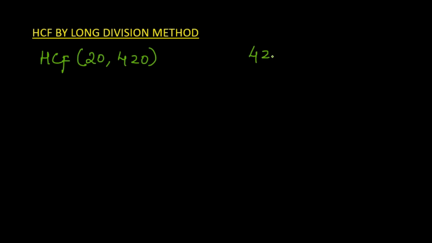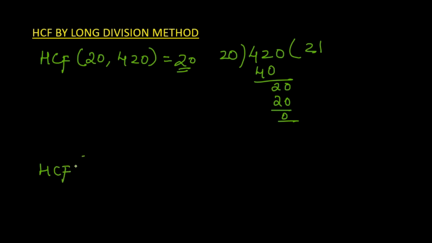So let's divide 420 by 20. 20 twos are 40. 20 ones are 20. Correct? The HCF of the 3 numbers which we have taken, 320, 420 and 180, is 20.